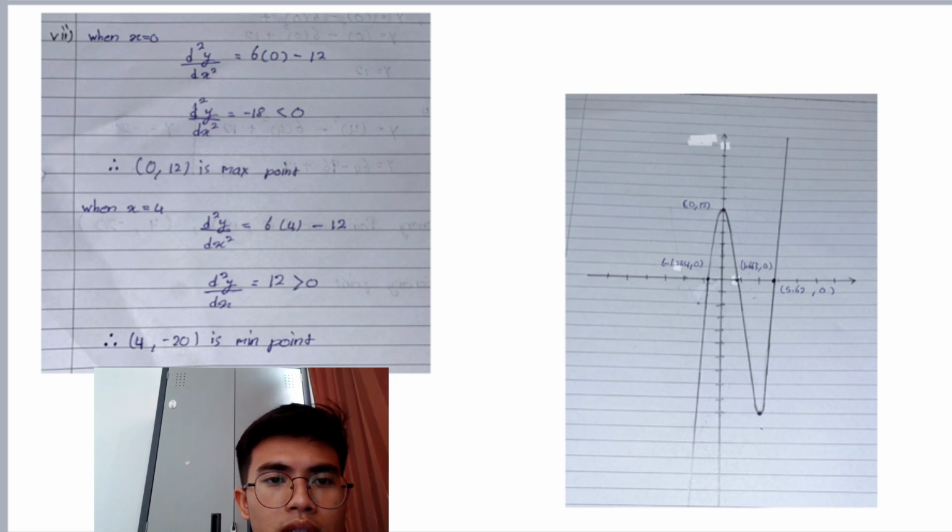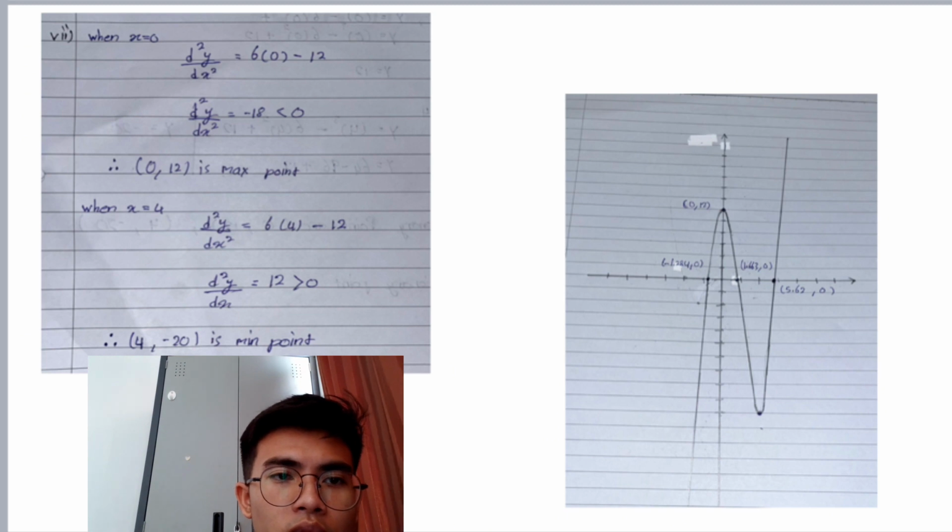So the point we got here is (0, 12), and it's a maximum point, because the answer that we got, negative 18, is smaller than 0.